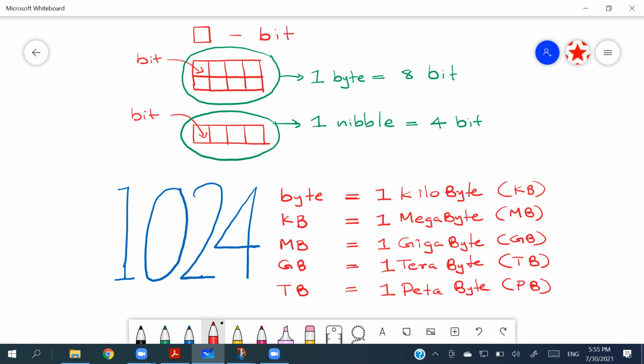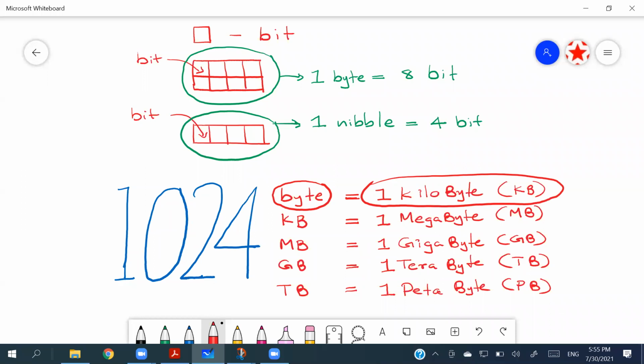it has a relationship of 1024s. So 1024 bytes equals 1 kilobyte. From this point onwards, the same relationship continues.